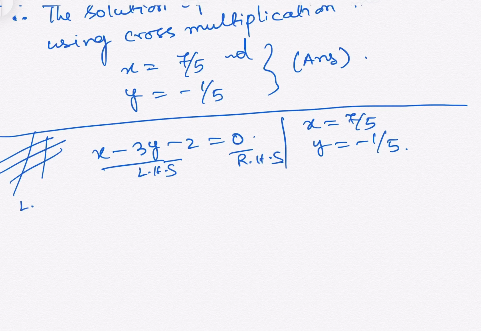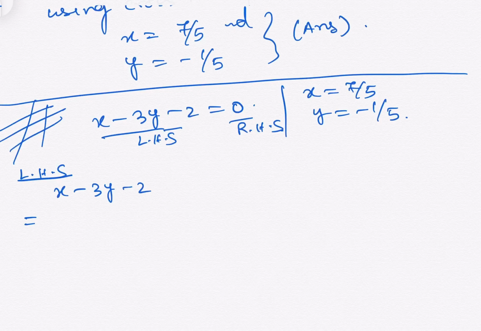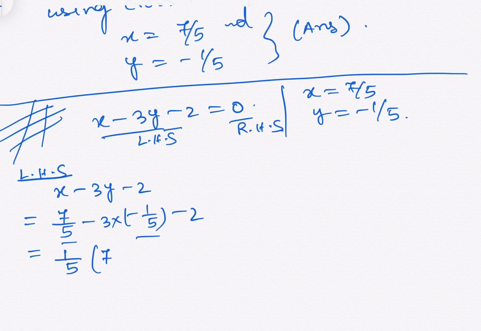So now we substitute these variable values in the LHS part, x minus 3y minus 2. Then this equals the value of x, which is 7/5, minus 3 into y, which is -1/5, and minus 2, equals to, now in both terms 1/5 is common. Now 7 plus 3 is 10, 10 divided by 5 is 2, minus 2.